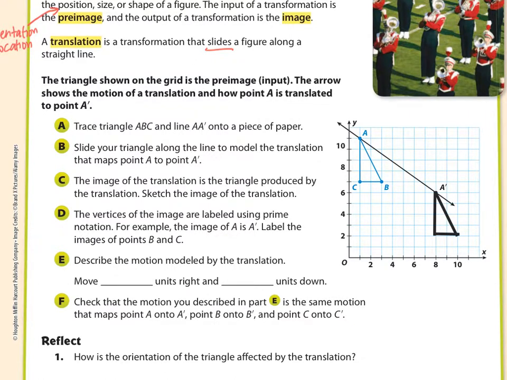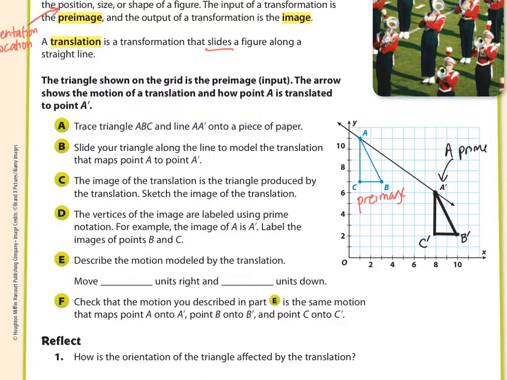And then we label our points like so. This top point, we're going to call that A prime. The bottom right, we call that B prime. And then the bottom left, we call that C prime. Think about the differences or similarities between the two triangles. This is our pre-image, so let me jot that down.